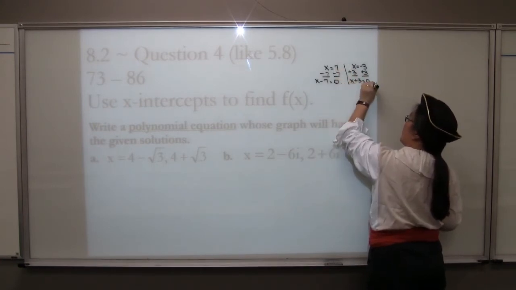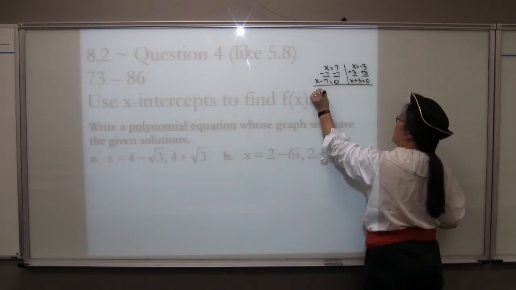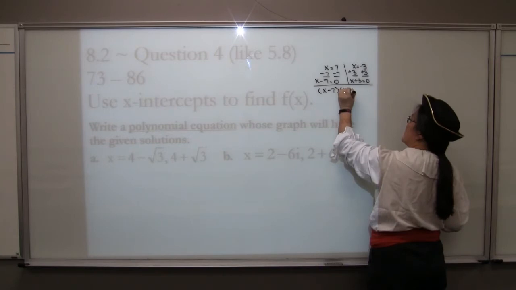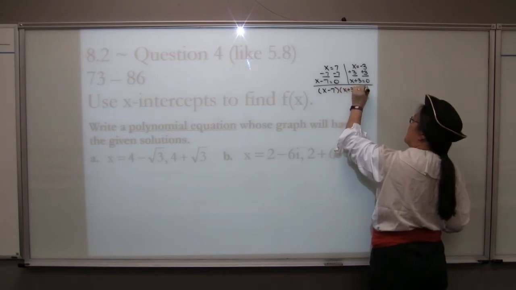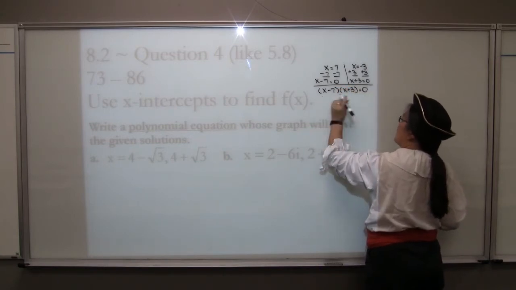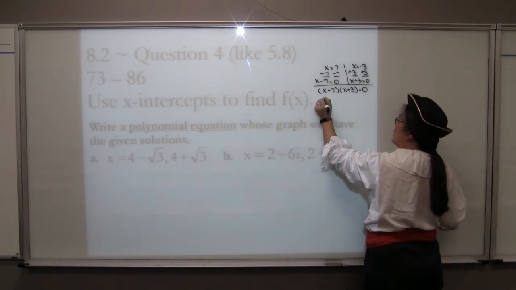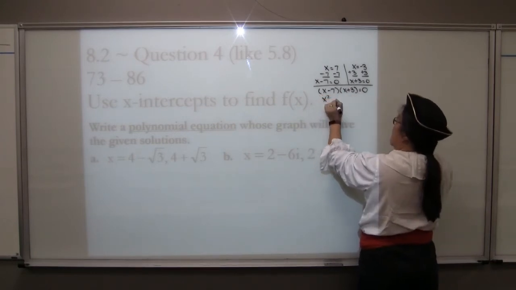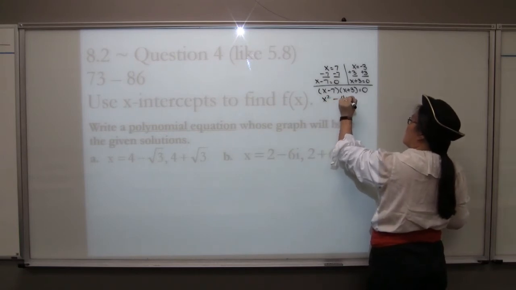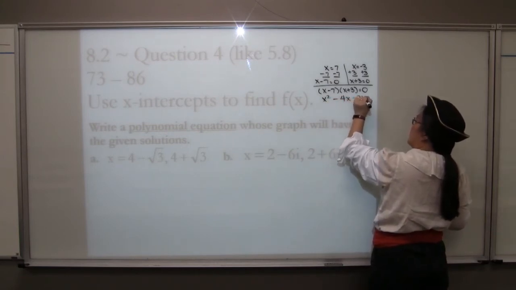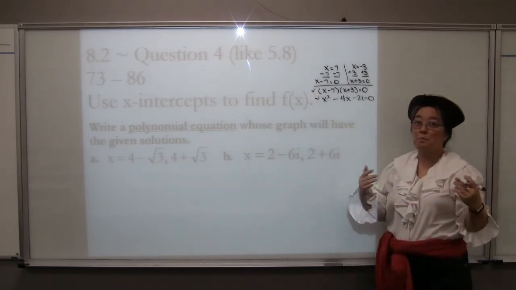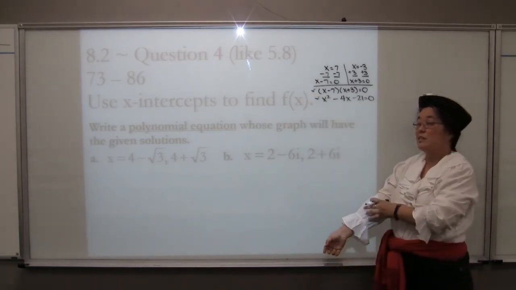This was not worth any points. The actual answer was when you took x minus 7 and the x plus 3 and made it equal to 0. That was the work. And then you FOILed it all together, which now we should be able to do in our heads and get x squared plus 3x and minus 7x would give us minus 4x and minus 21 equals 0. These were the 2 steps of work that I required back in chapter 5, section 8.